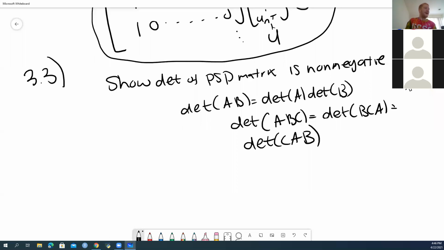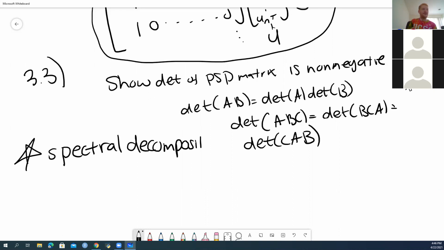Basically for this one, remember that he also mentions the spectral decomposition. So use the spectral decomposition, and that should pretty much get you there. Also remember that positive semi-definite matrices have eigenvalues greater than or equal to 0.